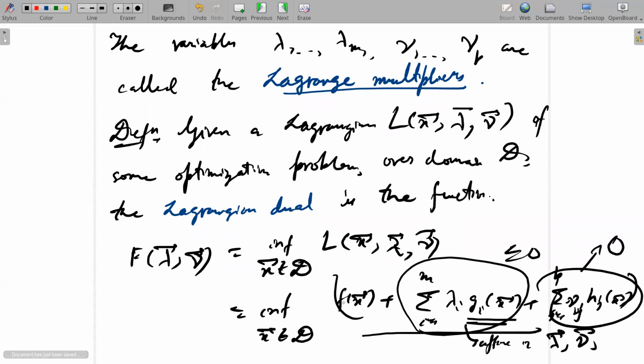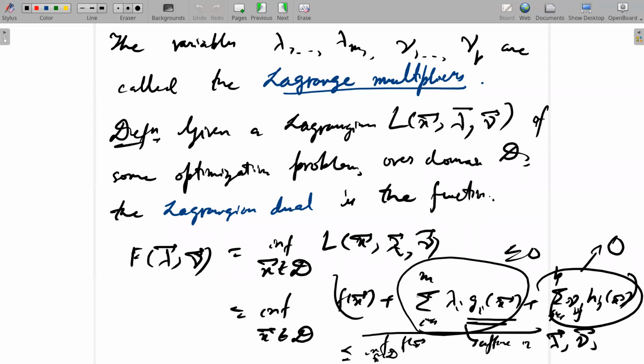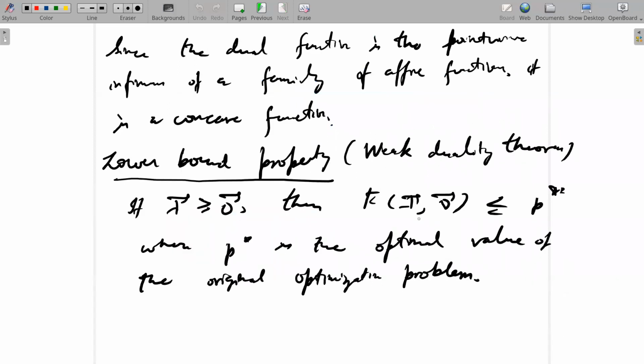So when I take the infimum of f(x) plus this quantity, it is always going to be less than or equal to f(x). Hence, the infimum of this quantity is less than or equal to the infimum of just f(x), which is precisely p star. That's the minimal value of f. So it's a very straightforward statement from the way we have defined things.